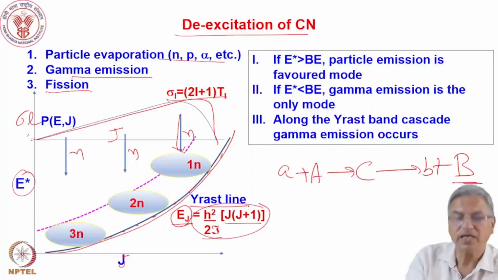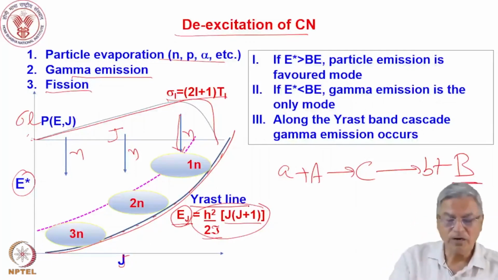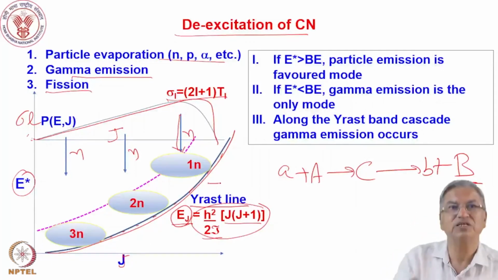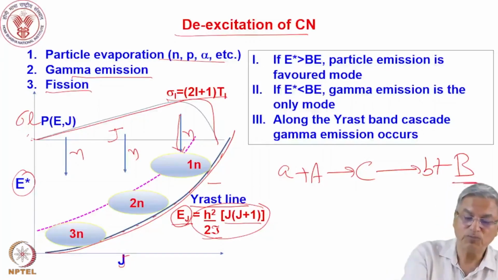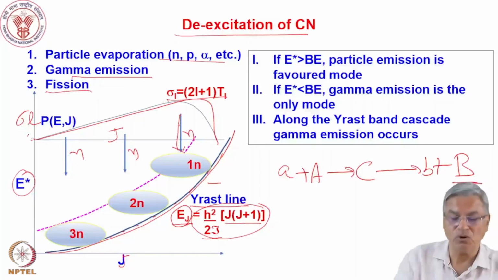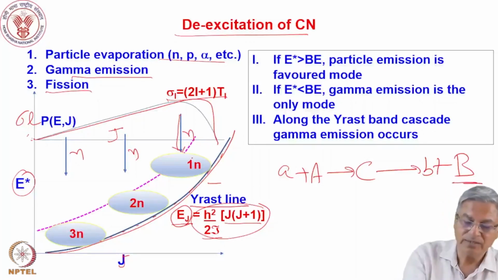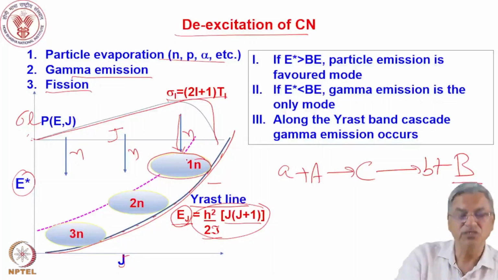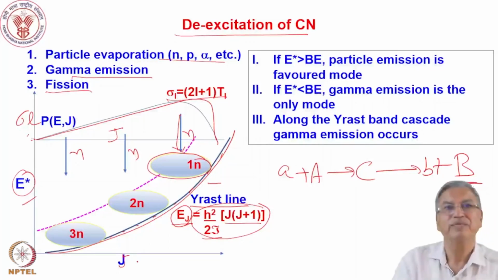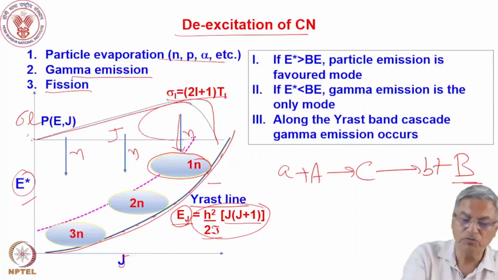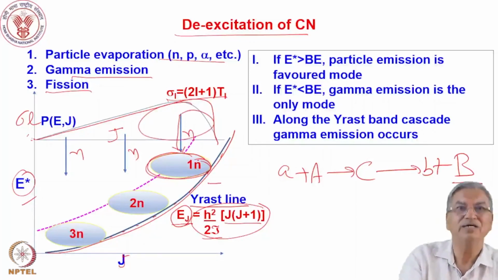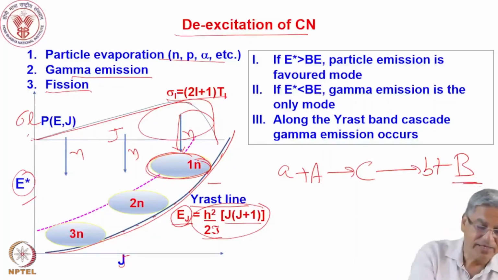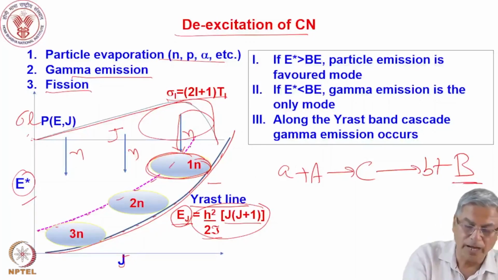This is called the yrast line. You cannot have a nucleus with energy below the yrast line, so energy has to be more than the yrast line. When emitting neutrons, it will populate the E-J plane of the residual nucleus, and there is a line called the drip line.